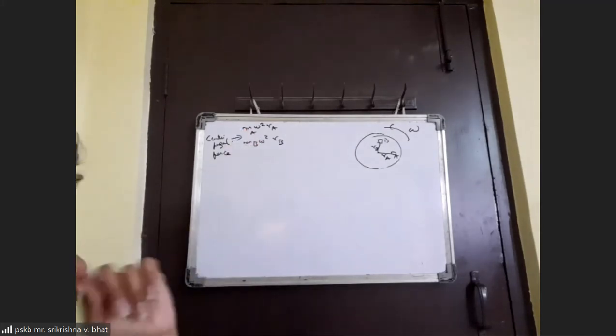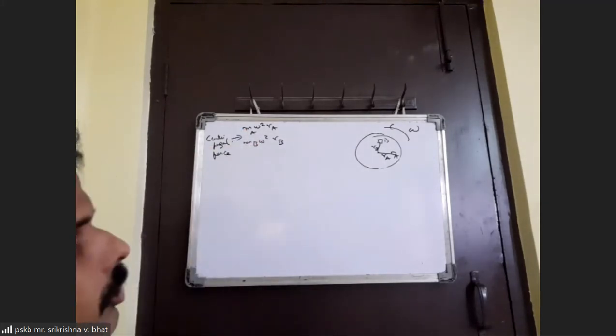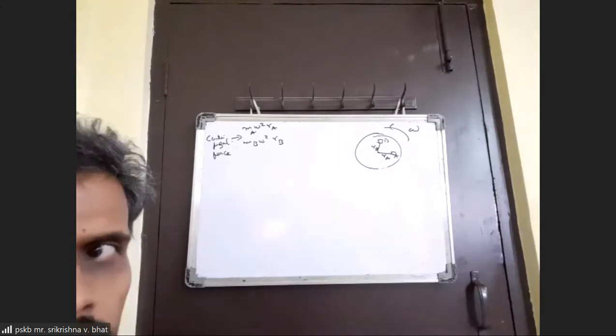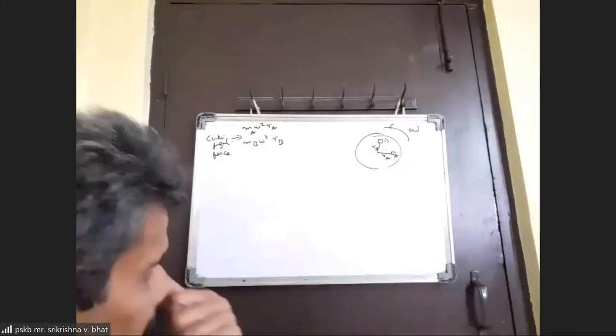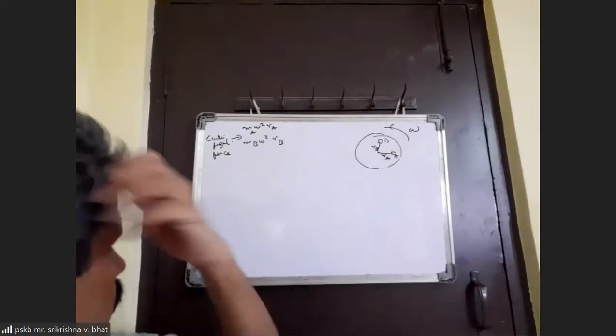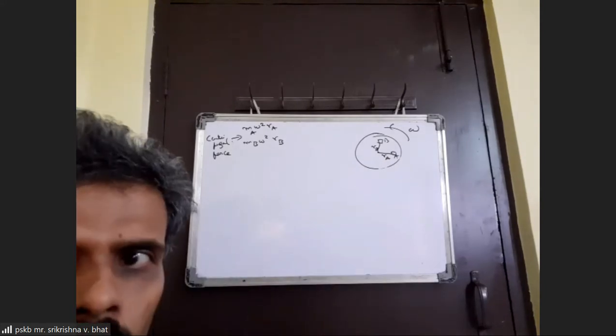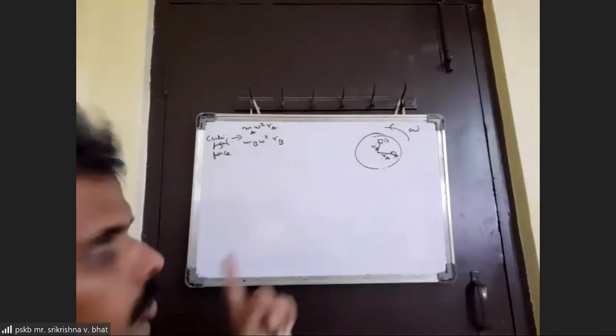If you compare these two values, definitely for A it is more, since the mass of A is more and RA also is more. So there is a more likely possibility that if there were no string, only friction should balance the centrifugal force.